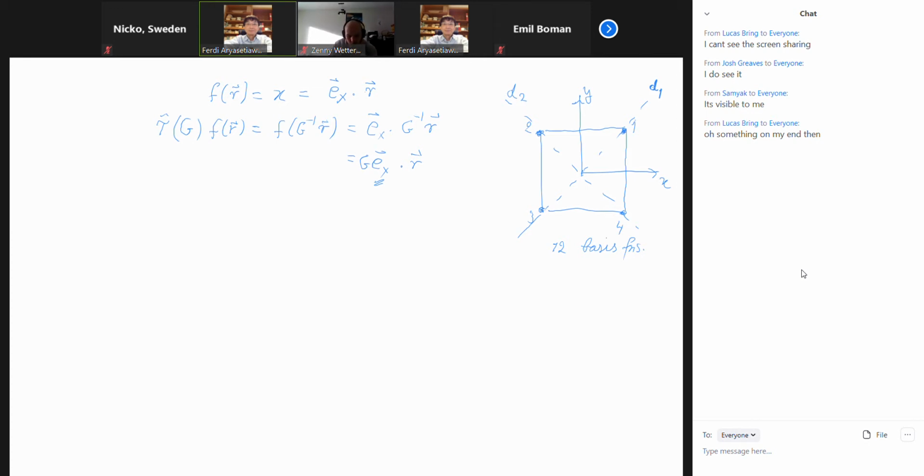So what we need to do is to look at the effect of each symmetry operation on the function.